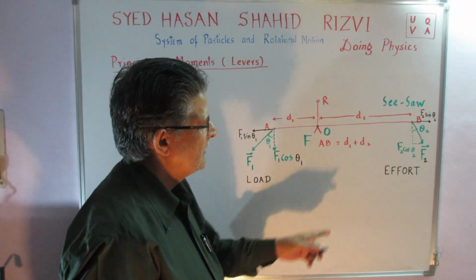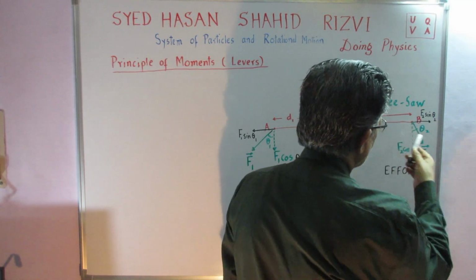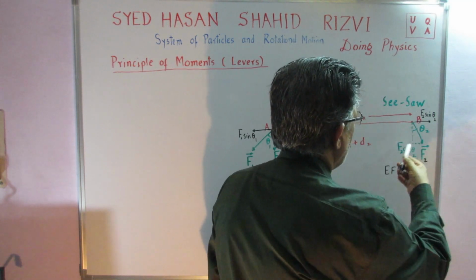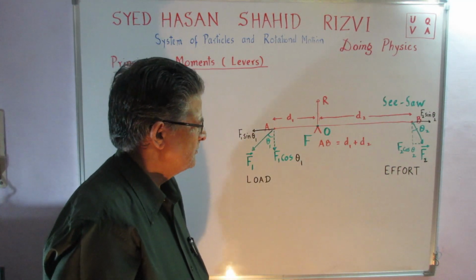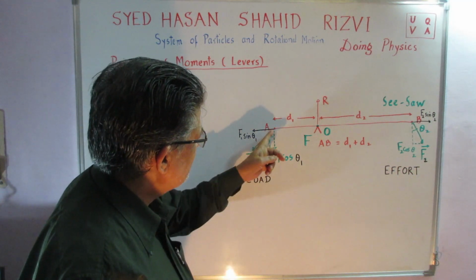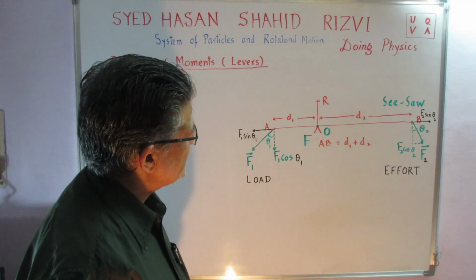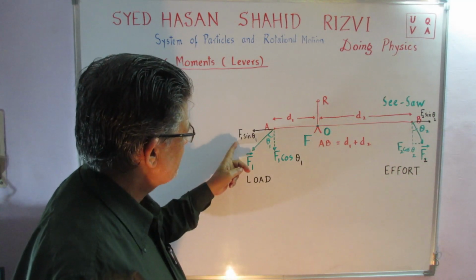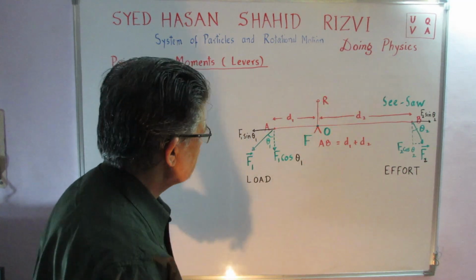and then when I resolve F2, I have F2 cos of theta 2. Along the line joining the two points A and B, I have the resolved parts as F1 sine of theta 1 and F2 sine of theta 2.